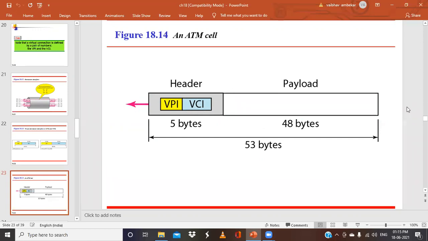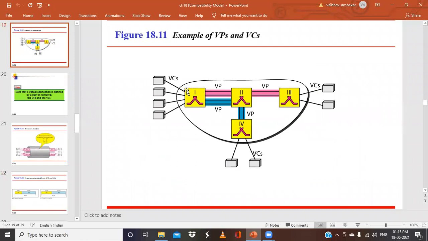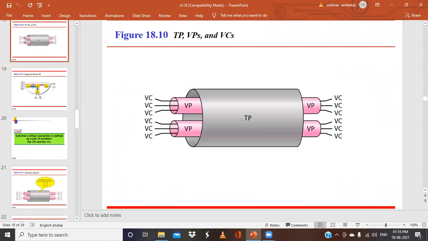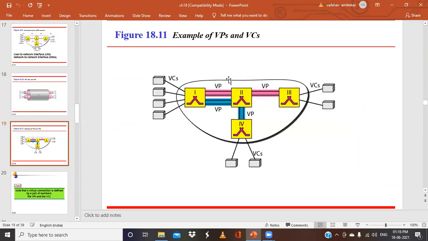Before the cell is transmitted, if you consider this extended diagram, here we have the VCs, the virtual circuit networks, and here we have the VP. Suppose a cell wants to transmit data from this to this, it has to identify what the path is and what the connection is. Here the pink color indicates one path, and the blue one is another path.